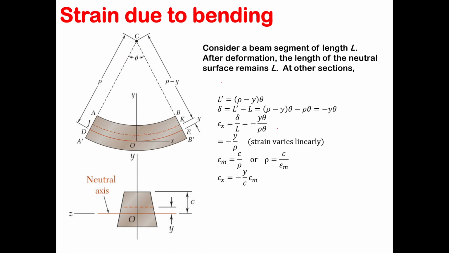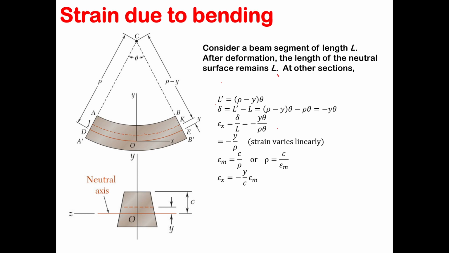So we have the curvature rho, and the question is, how can we find this L prime? This L prime is an arc, of course, and we can find an arc length using theta multiplied by this radius here, which is rho minus y, right? Your curvature minus the distance of that arbitrary plane from the neutral plane, right? So that L prime is going to be rho minus y multiplied by theta.